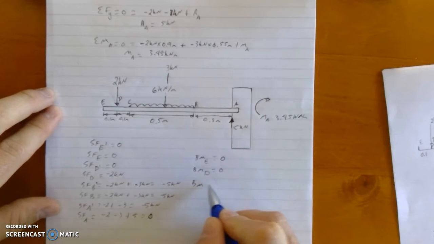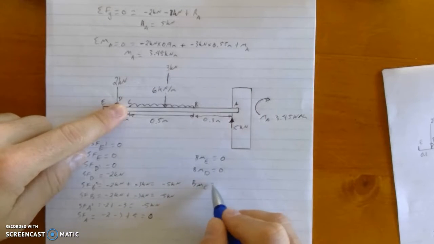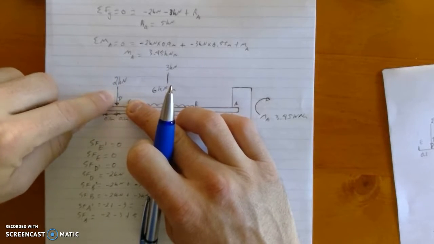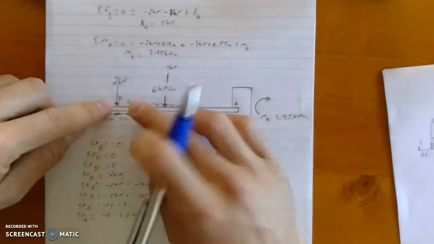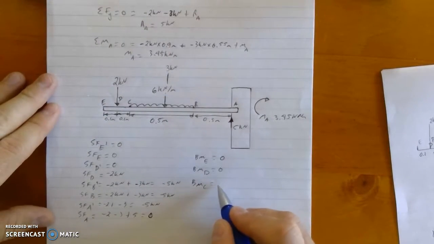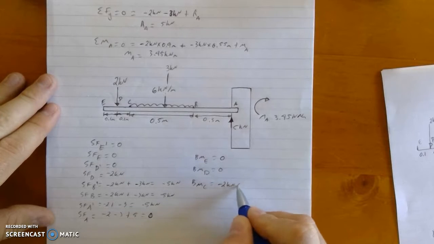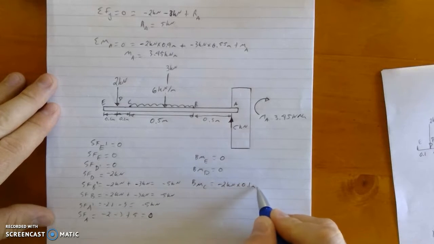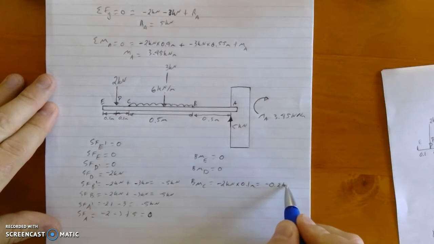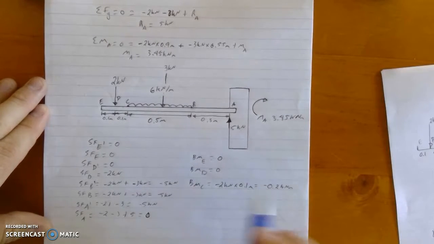The bending moment at point C: we have 2 kilonewtons times 0.1 meters, the distance to point C, going in the counterclockwise direction. So we have negative 2 kilonewtons times 0.1 meters, which is negative 0.2 kilonewton meters.